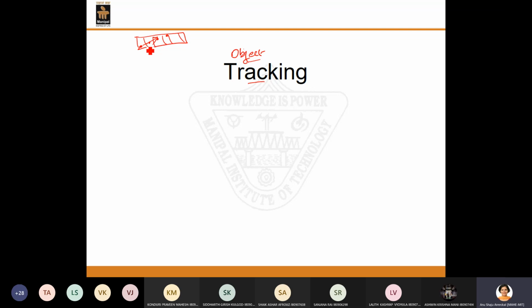What you're doing is trying to track the movement of the object as the video is progressing. What that basically means is you're trying to find the path in which the object is moving. Another name for the path is trajectory, so you're trying to find the trajectory of the particular moving object.